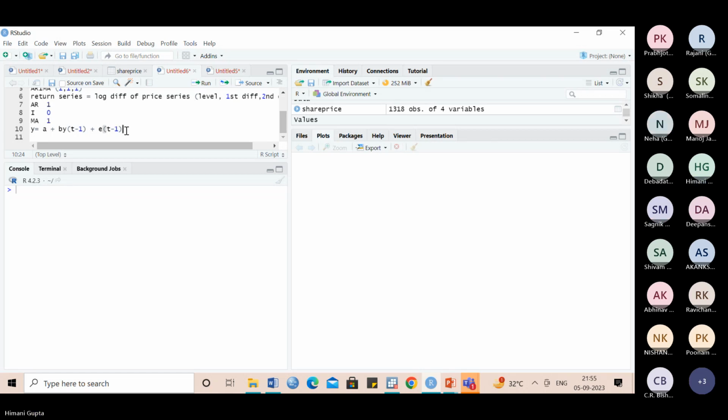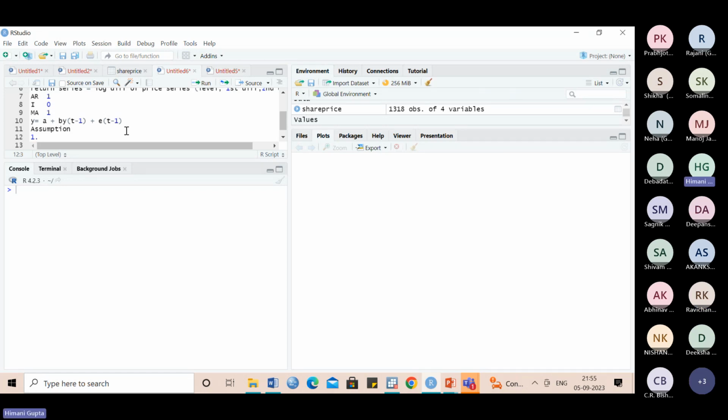Now, in a regression equation, what we have learned, there are certain assumptions. Right? What was my first assumption? Normality.